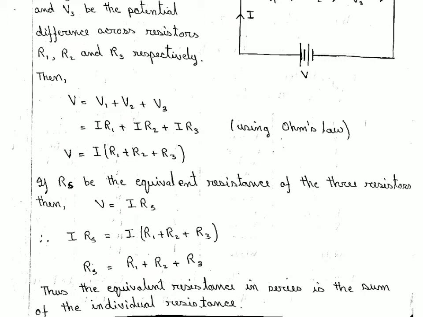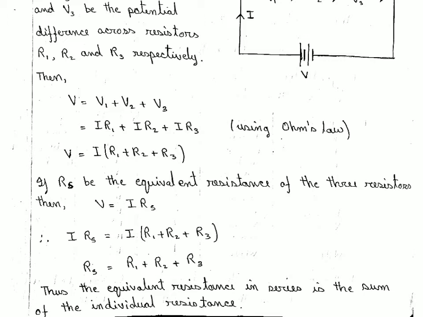And suppose here we have a resistance which is called an equivalent resistance, which is equal to the combination of the three resistors. So instead of having three resistors, we have one resistor which has the same resistance as the combination of these three resistors, and let that equivalent resistance be Rs.